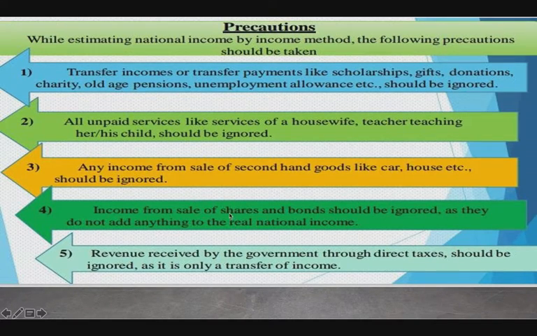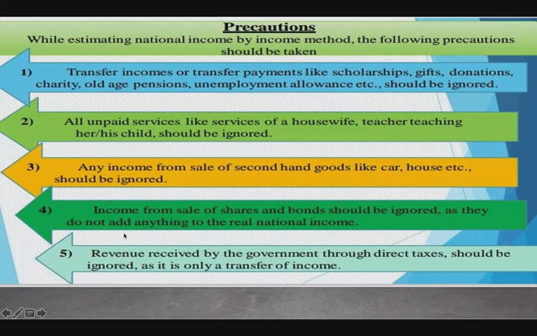Then income from sales of shares and bonds. Shares and bonds are money capital, not real capital. They are not products, goods or services. So the income from the sale of shares and bonds should be ignored. They do not add anything to the real national income, because national income is the money value of the real GNP, gross national product. So it is not considered.